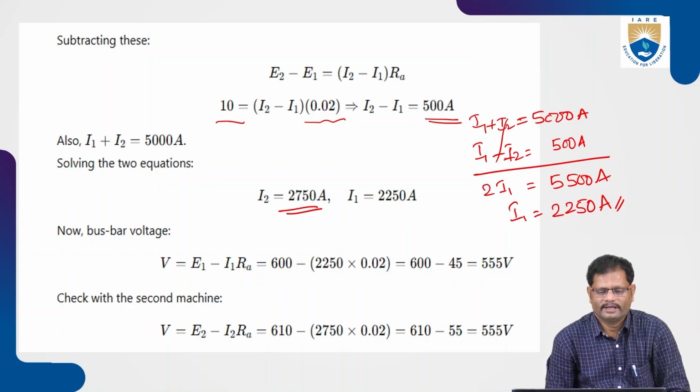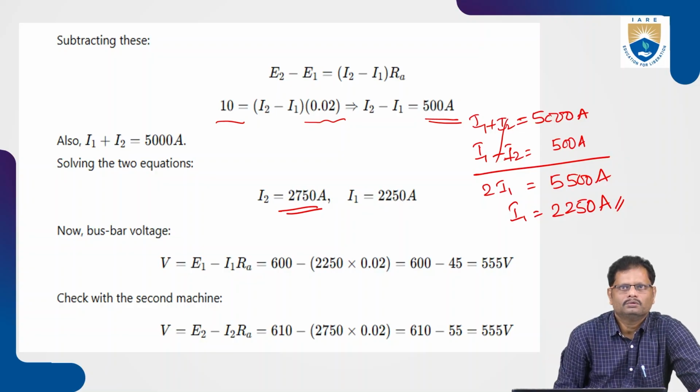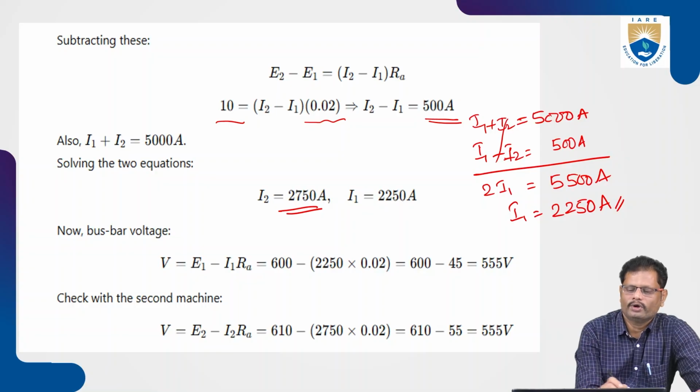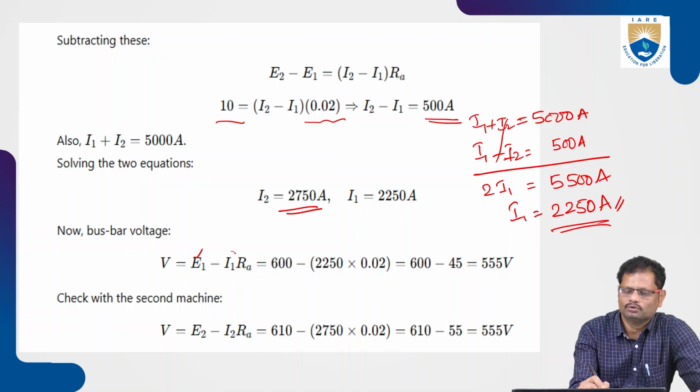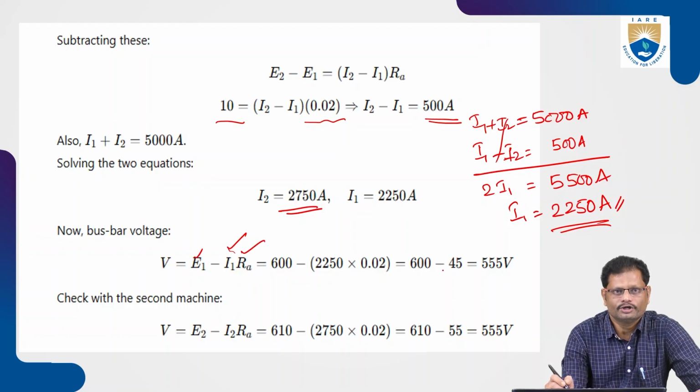And now we can calculate the busbar voltage by substituting the I1 value or I2 value. First we will substitute the I1 value to find the busbar voltage. We have E1 as 600 and I1 just now calculated as 2250 amps and RA as 0.02. After substituting all these values, we have V as 555 volts.